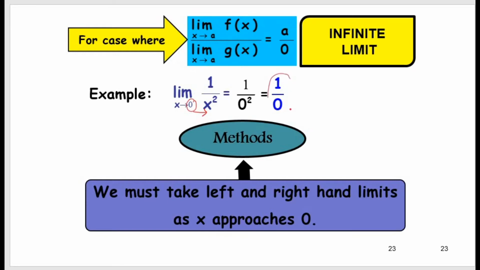So if you get this kind of solution, this is not the final answer. The method of solving this kind of problem is you must take the left and right hand side as x approaches 0 in order to find the correct answer.